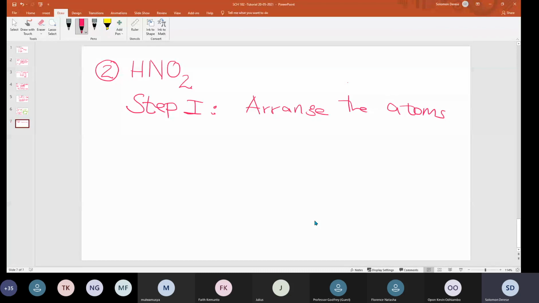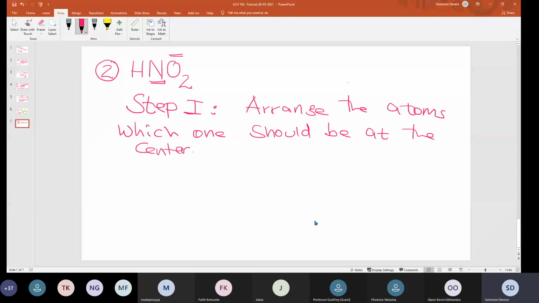So in this molecule, we have nitrogen and then we have oxygen. Which one should be at the center? Nitrogen. We are very sure about the hydrogen, the hydrogen is on the outside.